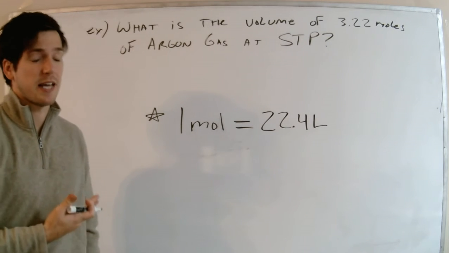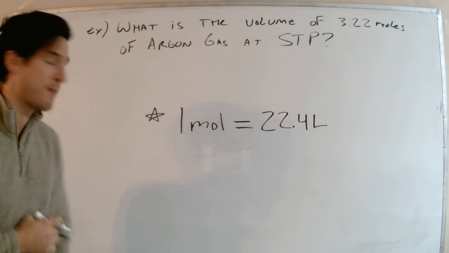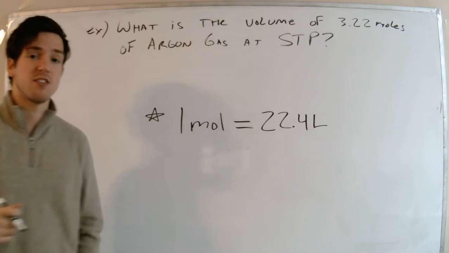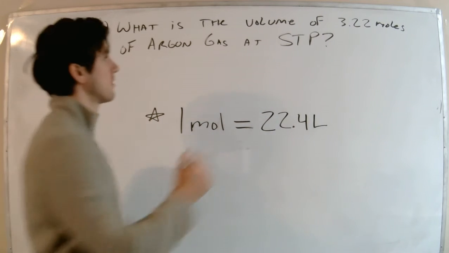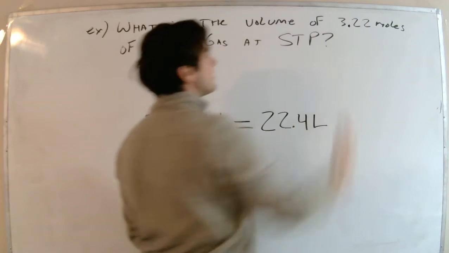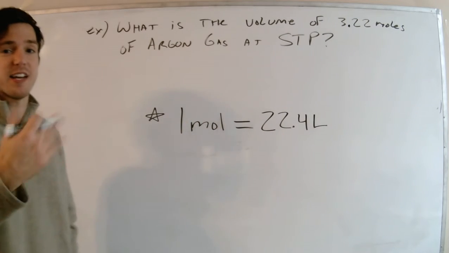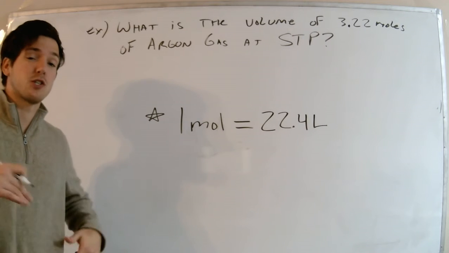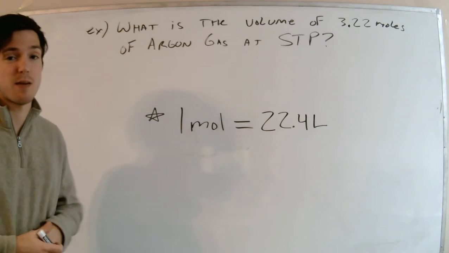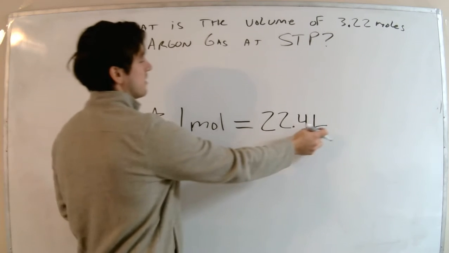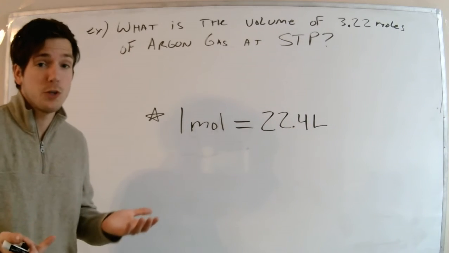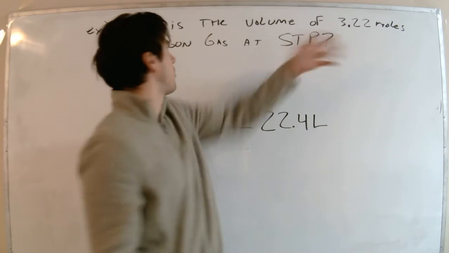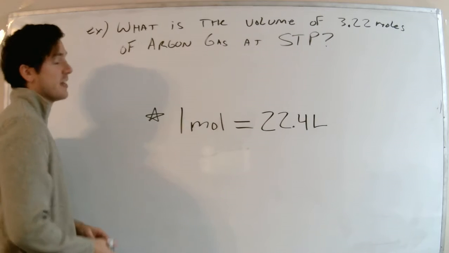Whenever you see STP, you're going to be thinking right off the bat that I'm going to be using this conversion right here. Once again, I always start with what I'm given and I try to get to what I want. Remember, volume is the measure of how much space something takes up, and volume is measured in liters. So all we're doing here is trying to go from moles to liters.